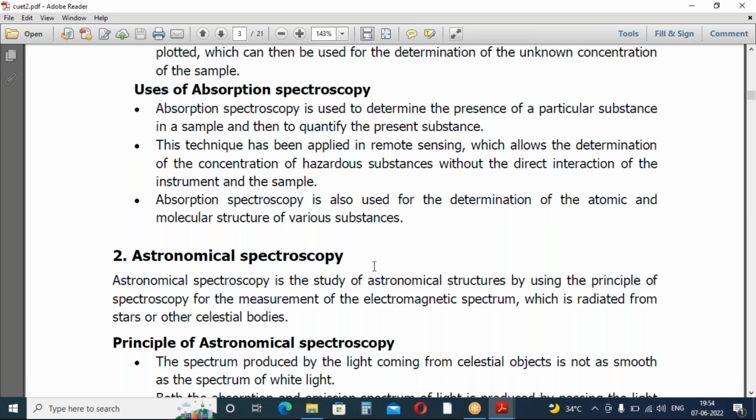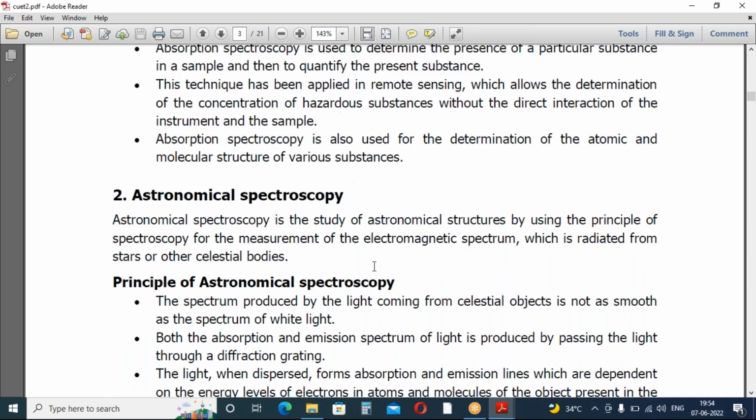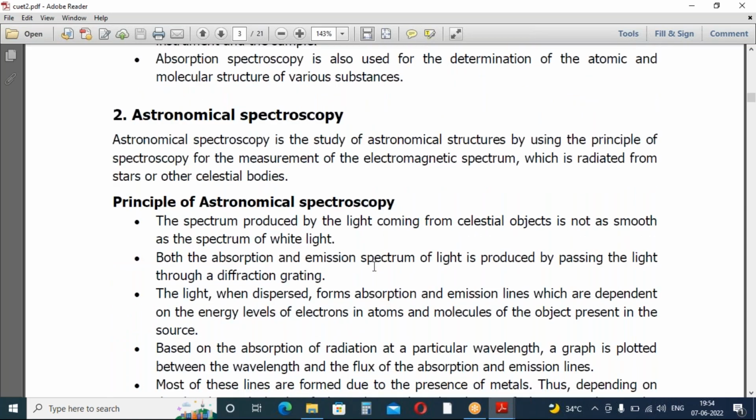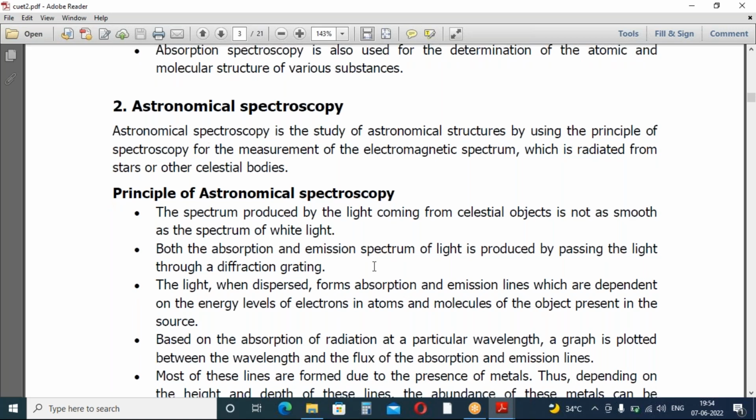And next, coming to astronomical spectroscopy. I have already told what this is. It is mainly used for the detection of the radiation passed from stars and also from celestial bodies. The spectrum produced by these celestial bodies or stars is not like the spectrum of ordinary light.